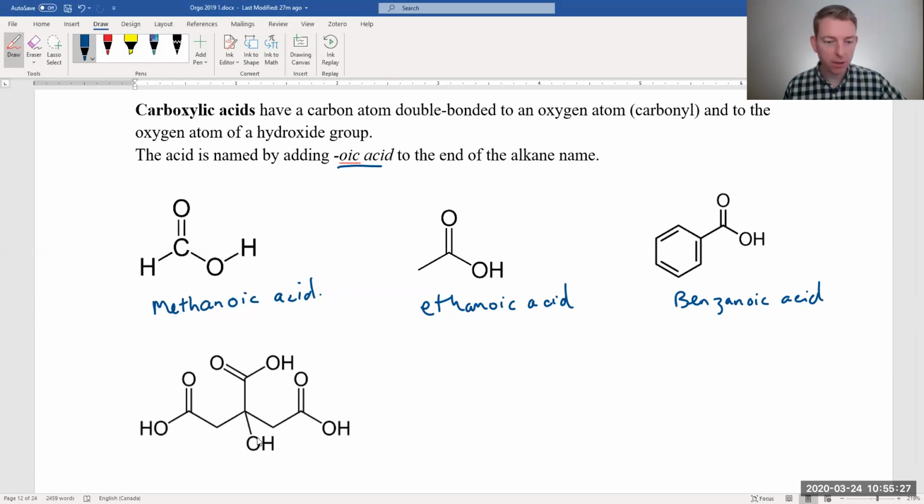But I mean, we can try. So this would be 1, 2, 3, 4, 5. Everything's symmetrical, so it really doesn't matter which way we number it. So here we have an alcohol group on the number 3 carbon, and that's not going to take priority over all of these carboxyl groups. So we'd start off with that as a side chain, so we can write 3 hydroxy. And this is a pentane.